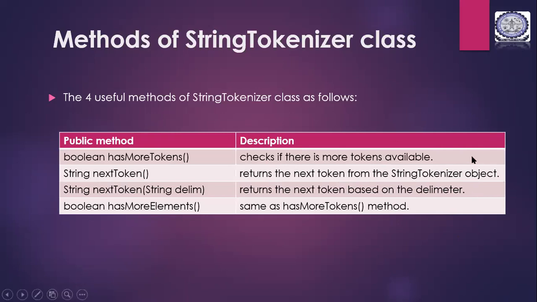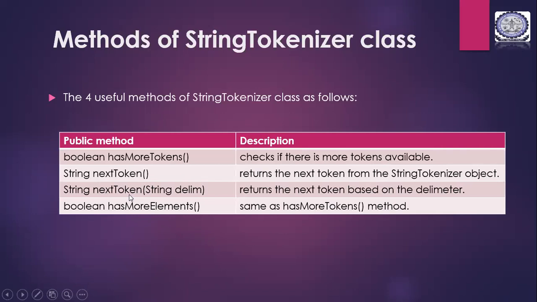So this object will have a set of tokens, and the next token in this object will be returned when you call nextToken. Just as you use nextLine, nextInt and nextFloat, in the same way this is nextToken. It takes the next token from this particular object.